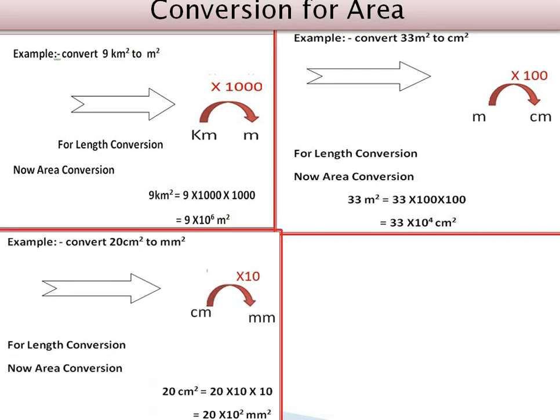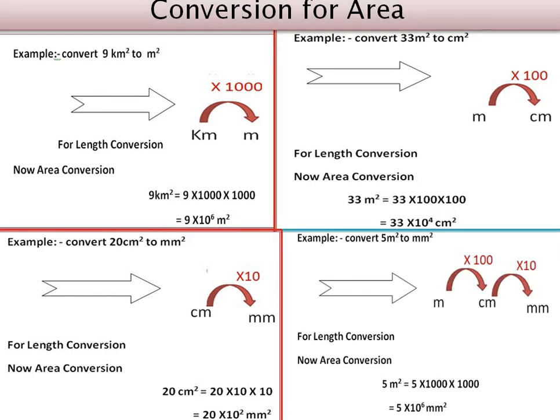Likewise, to convert centimeter to mm, centimeter is 10 mm. So 20 centimeter square equals 20 into 10 into 10, which is 20 into 10 square mm square.